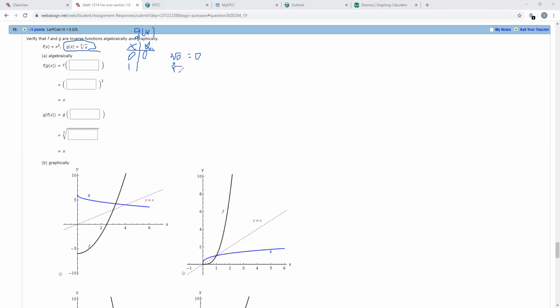The cube root of 1 is 1, because 1 times 1 times 1 is 1. Well, we're not going to always get these same answers. The cube root of 8 is 2, because 2 times 2 times 2 is 8.